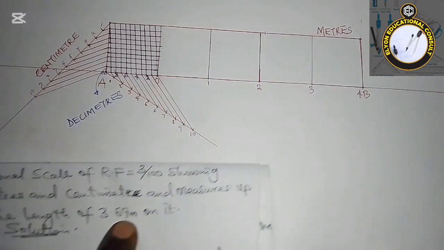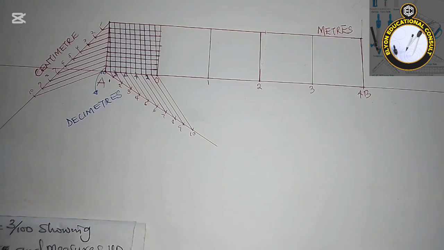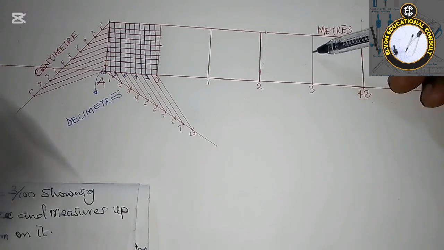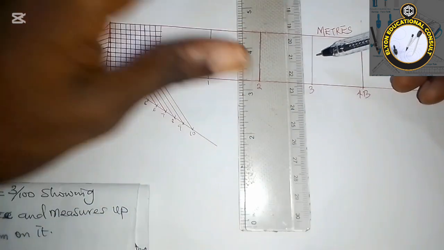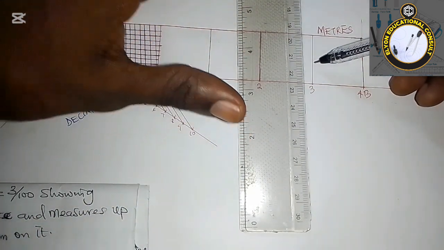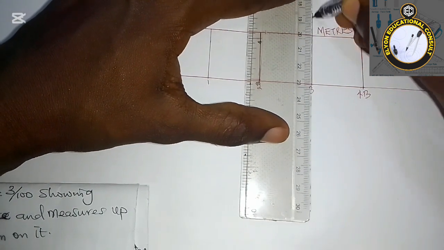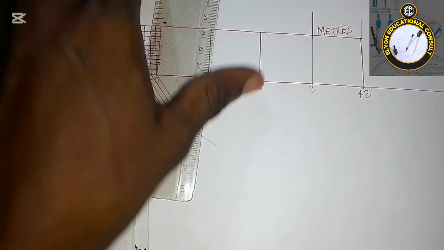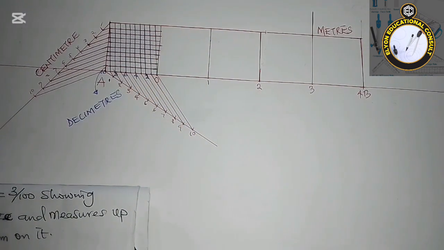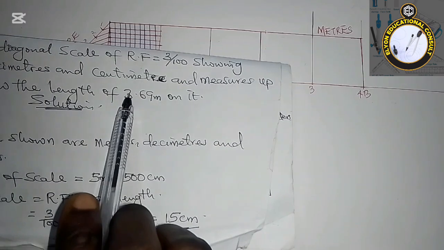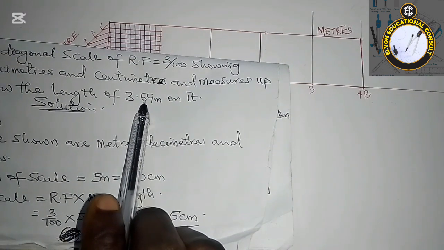So how do we take that now? It's a very simple thing to do. We are going to go to the scale where you have 3. This is where we have 3, because the reading should be 3.69 meters. So we'll take note of this where we have this 3. Now this other part is the way to read it. So 3 meters, 6 decimeter.